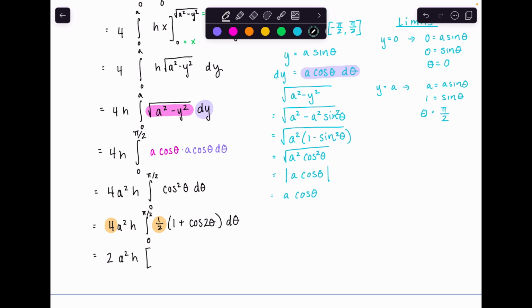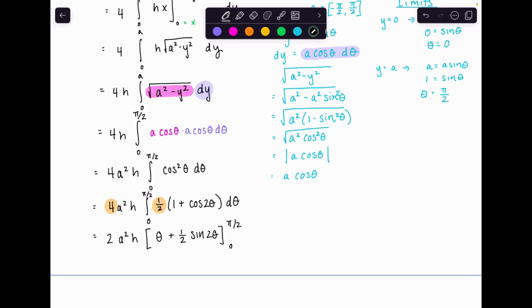Then the antiderivative of 1 is going to be theta. Antiderivative of cosine of 2 theta is 1/2 sine of 2 theta. And then we evaluate this from 0 to pi over 2. So plugging in the upper bound will give us pi over 2. When you plug that in here, this will be sine of pi. So that will end up going to 0.